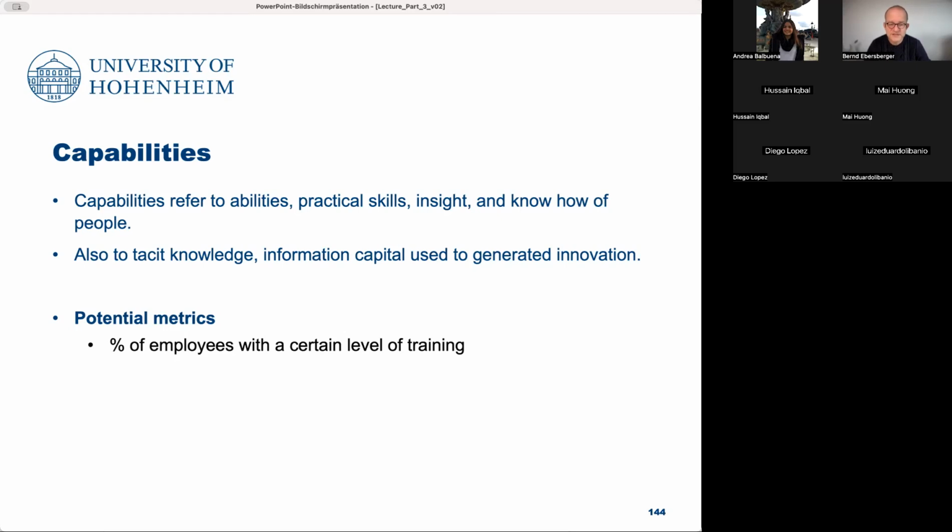Sometimes you find the percentage of employees with upper secondary level of education. Tertiary education is higher education, so a university degree in a sense, okay? That would be a metric. Can you think of other metrics that refer to the capabilities of people, relevant for innovation?